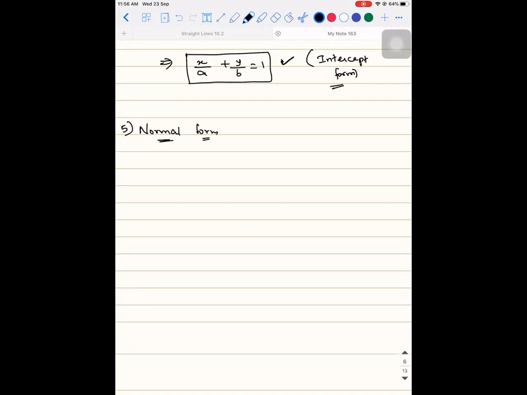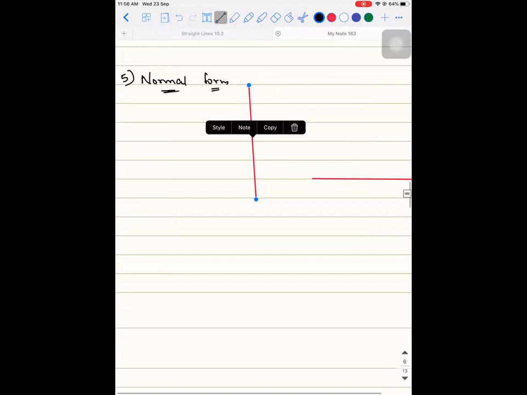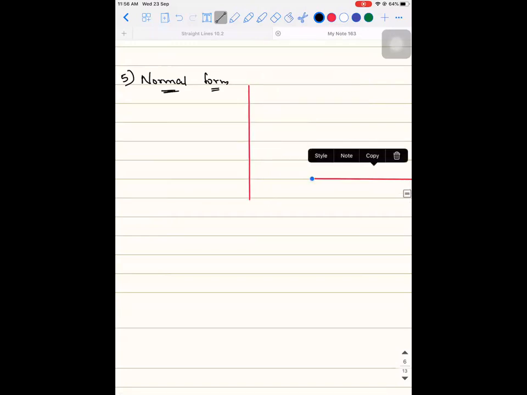Okay, so normal form is like this. So what do you mean by normal? Perpendicular. Normal means perpendicular. Now listen.